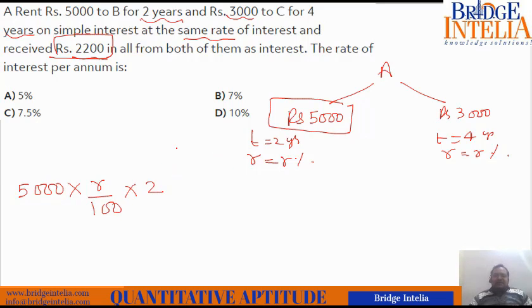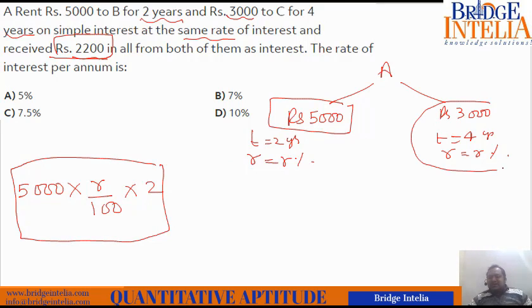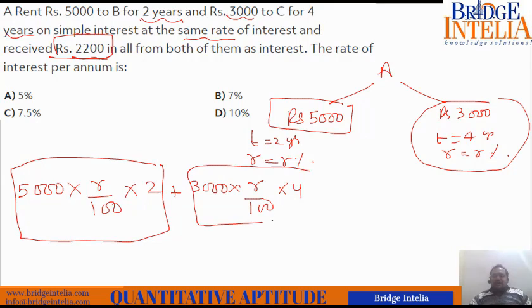What will be the interest generated from the second person? Same way, R% of 3000. So R by 100 into 3000 for 4 years. So this is the total interest he has earned, and this is given to be equal to 2200.